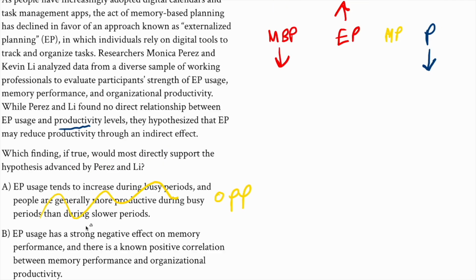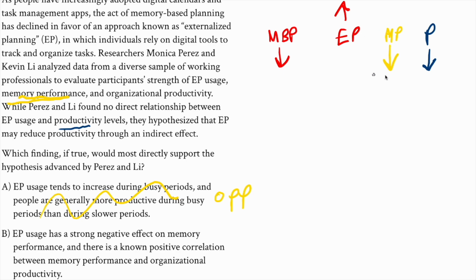B, EP usage has a strong negative effect on memory performance, meaning that as EP increases, memory performance would decrease. And then if there is a known positive correlation between memory performance and organizational productivity, that would work, because a positive correlation just means that the arrows are pointing in the same direction.